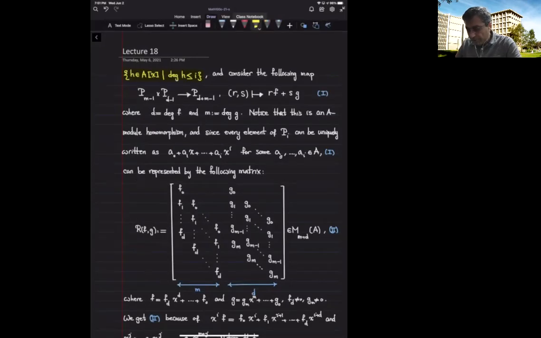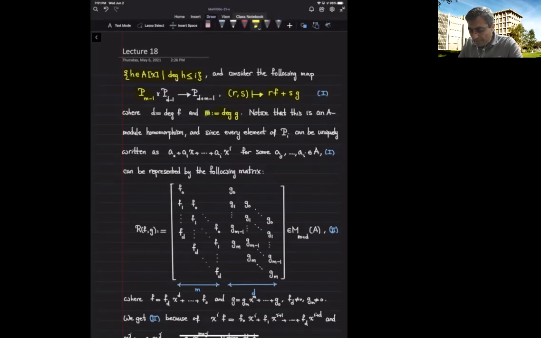And we are interested in r times f plus s times g, but I'm going to focus only on those pairs of r and s, so that r has degree at most m minus 1. m is degree of g. So r is the one that's multiplied by f. Degree of this guy should be at most degree of g minus 1. And degree of this one should be strictly less than degree of f, which means degree of it is at most degree of f minus 1.